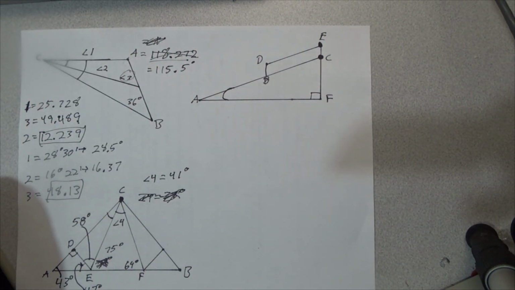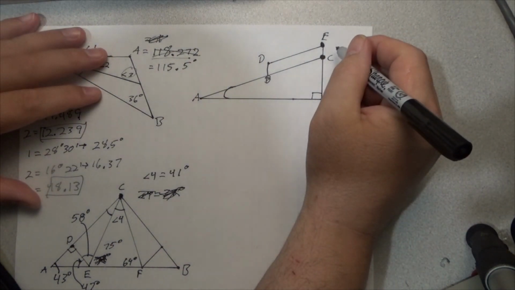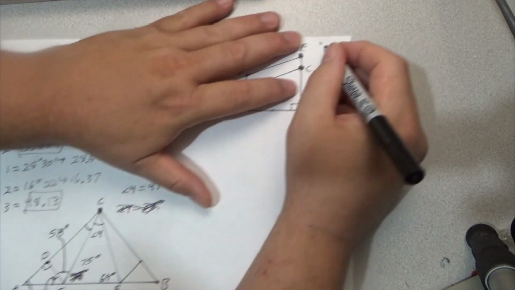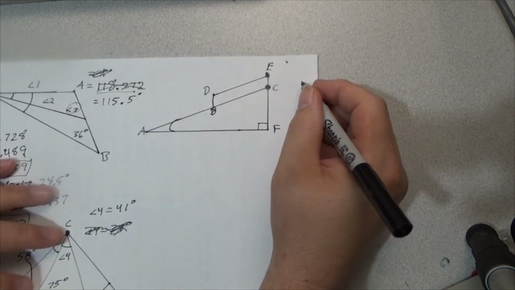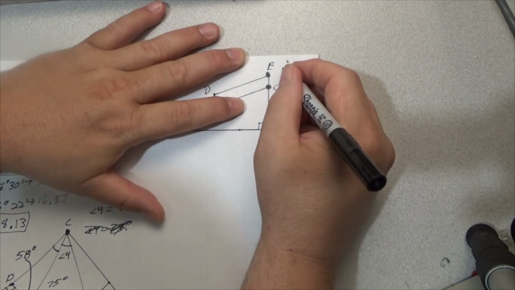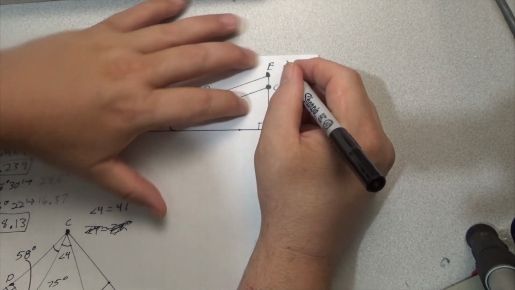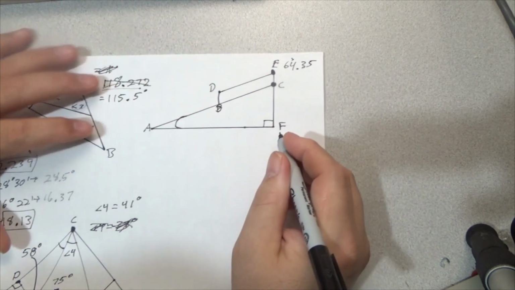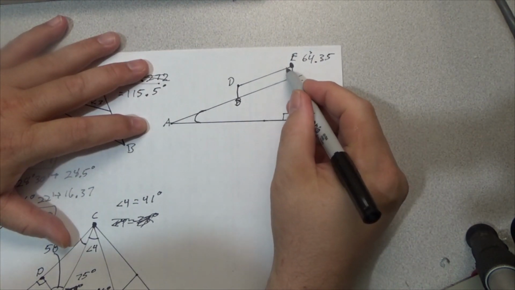Let's find out what that is. 64.21 degrees, minutes, seconds. 64.35. So angle E is 64.35. Right there.